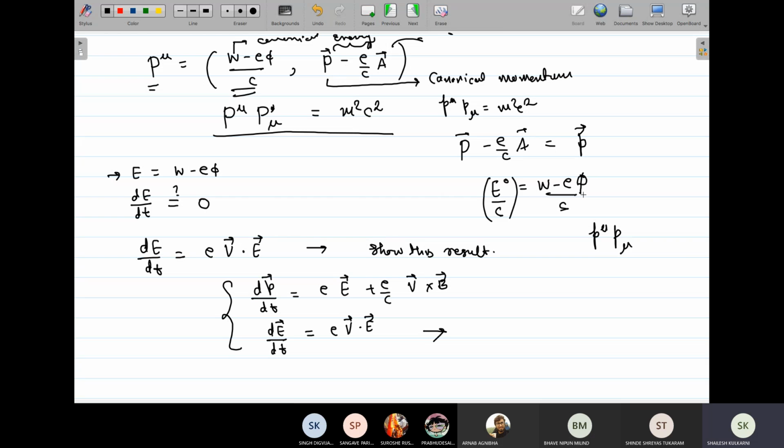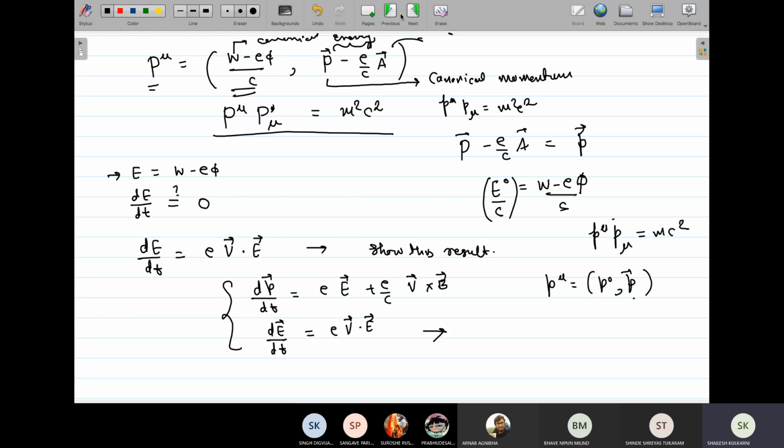When you consider a free particle, your P mu is P0 and the usual three momenta. This momenta is replaced by this, and this P0 is replaced by this quantity. That's it. There is no extra thing.